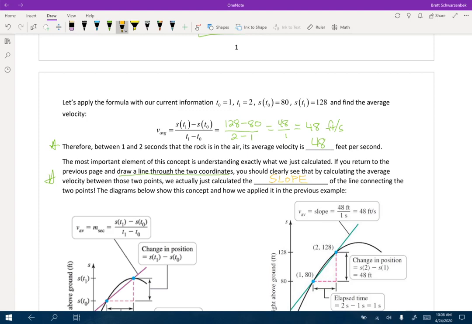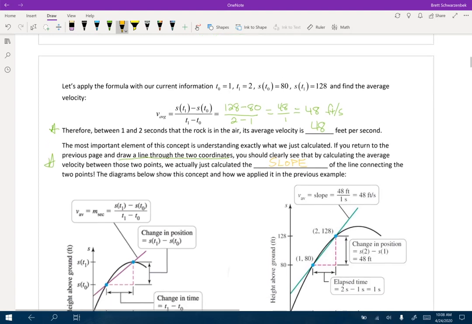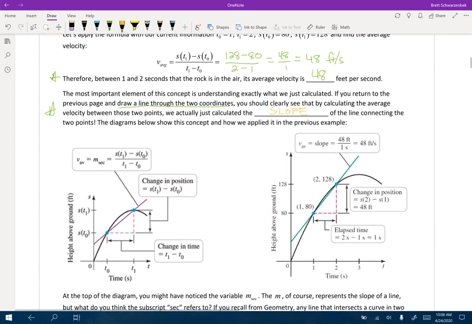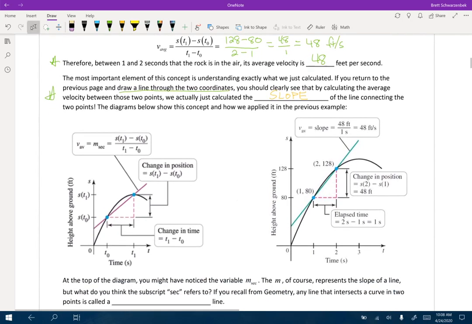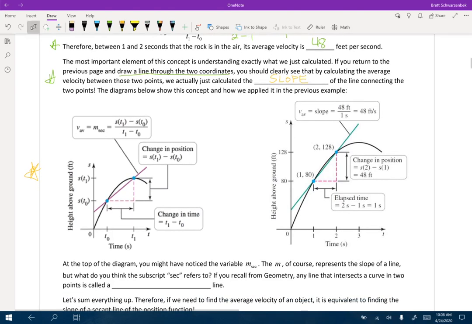So that is a powerful conclusion that we'll summarize in a second. What I've done for you is summarize the general idea here: change of time, change of position, and the average velocity being just the line that you draw between any 2 points on a curve.